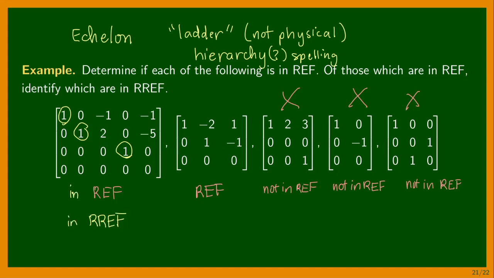Okay? Huwag nyo kakalimutan yung "in" kasi hindi tama yung grammar. Is in RREF. Ito. Nasa RREF ba to? Look at the pivots. Ito, pivots. Oops, yung second pivot natin, no? May katabing siraulo dun sa taas.